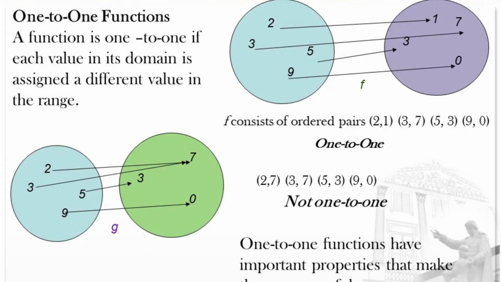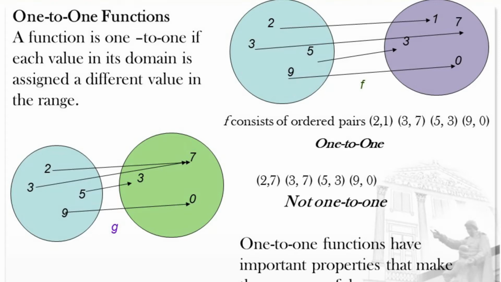In this second illustration, is it a one-to-one function? Anyone? Many-to-one. So this one is not a one-to-one function.